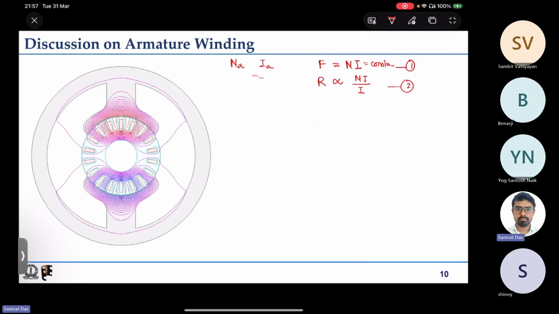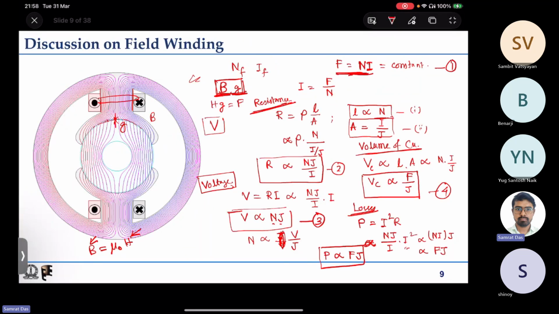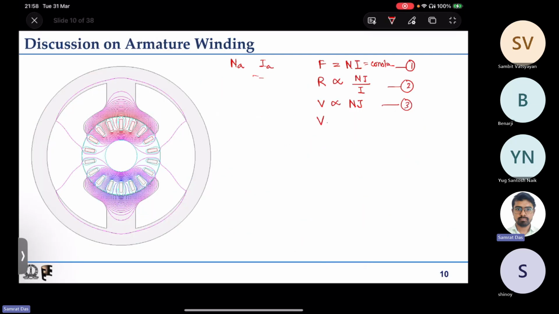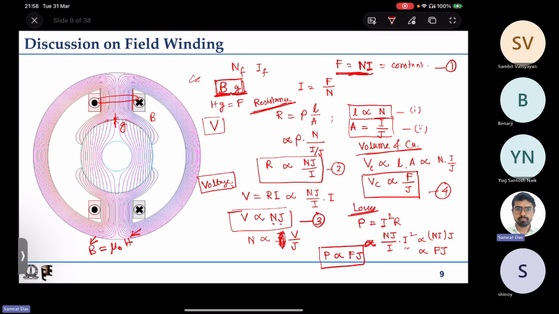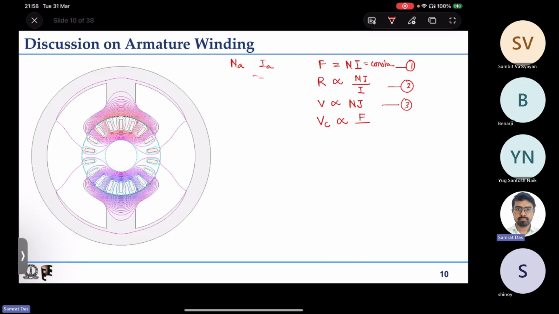Third equation is voltage is proportional to N into J. Fourth equation tells us the volume of copper that is required is proportional to F by J. And the losses P are proportional to F into J. This is our fifth equation.